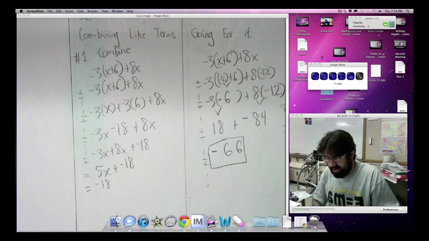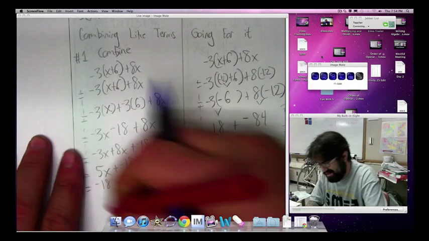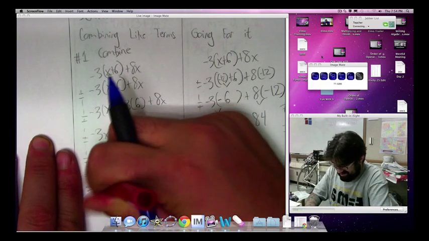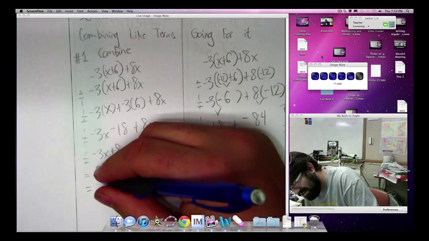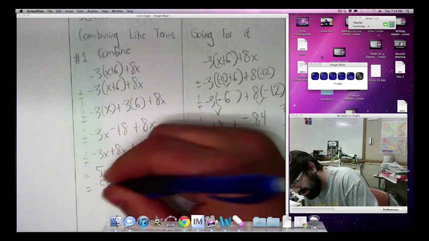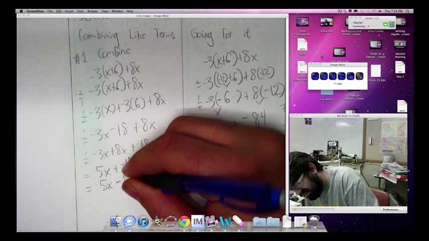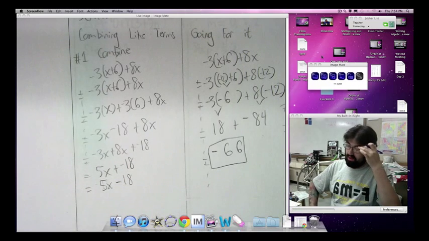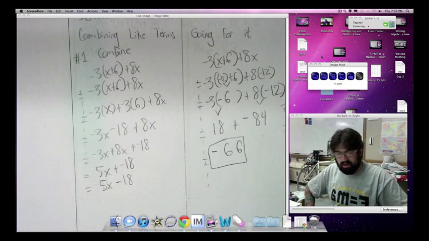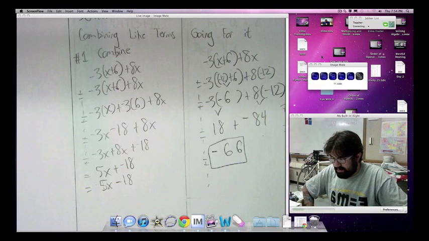Oh, sorry, that is so not right. It is 5x minus 18. Okay, so that's what I would do when I would be combining. Just making sure everything looks good.